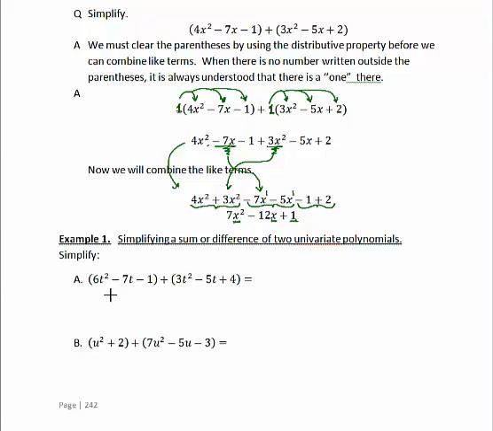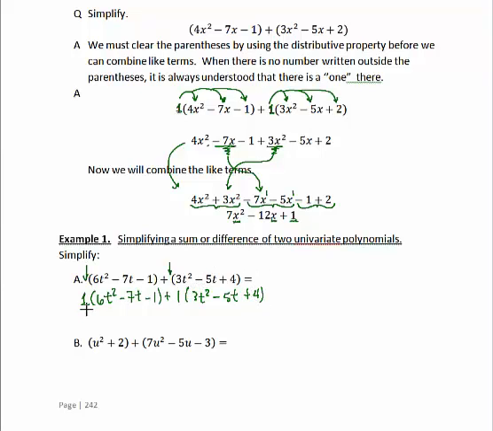Okay, what you want to do first is you want to check in front and behind the parentheses and make sure there aren't any numbers immediately to the left or the right outside of the parentheses. Okay, and so we can interpret this as a 1 times 6t squared minus 7t minus 1 plus a 1 times 3t squared minus 5t plus 4.